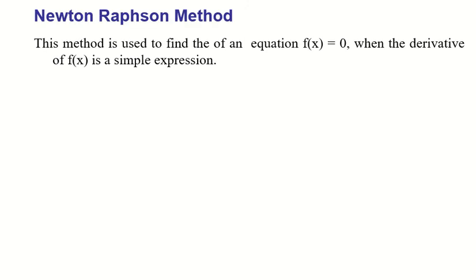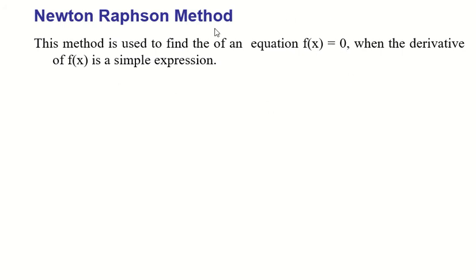Okay, next we shall move on to the next method. I will give you more problems on that later. We shall move on to the next method, as I told you, that is the Newton-Raphson method. Another method of solving an equation of the type f of x equal to 0.